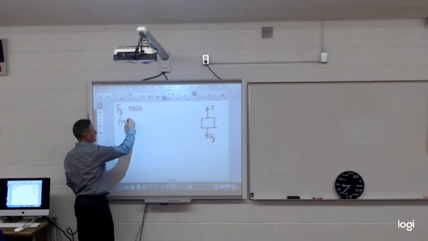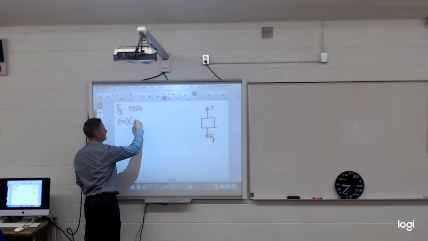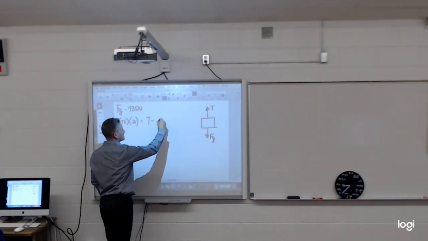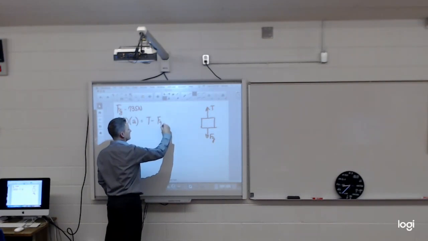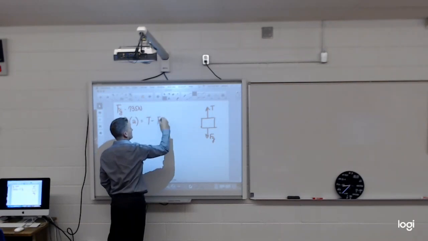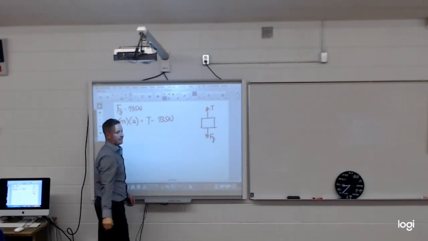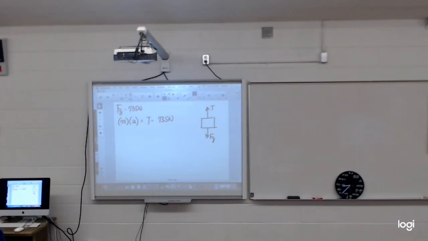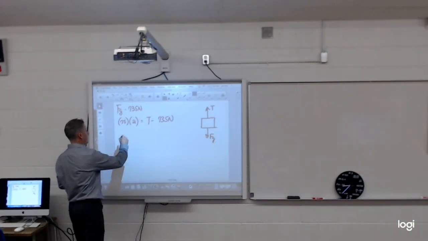So my mass, 75, times 2 is equal to my tension minus my force of gravity, which is 735 newtons. So far, so good? So how much tension is acting on that elevator then?